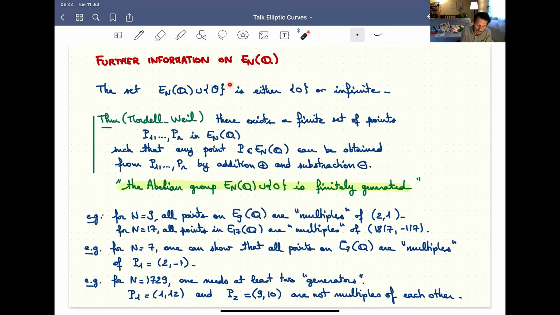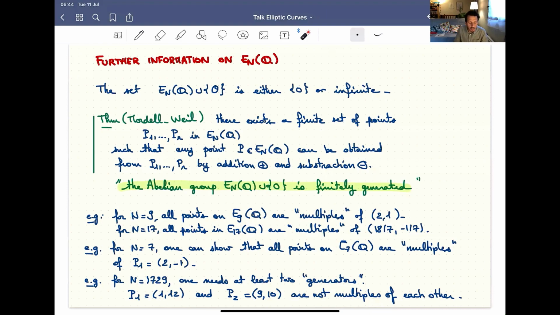And we have added a point O, which is a virtual point. So what the previous theorem says is that this set is either just the point at infinity, or it's an infinite set. So this is just one point, or infinitely many points.